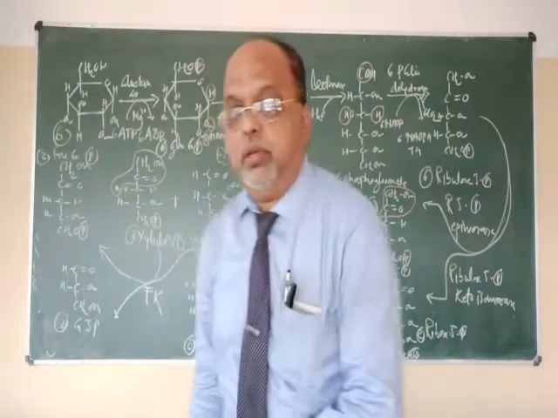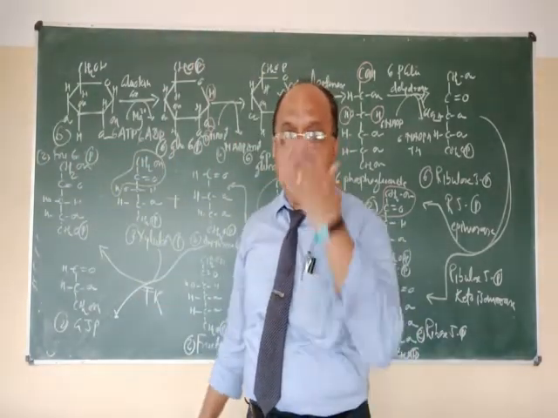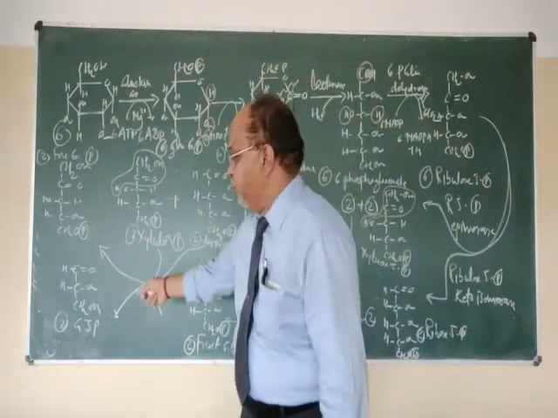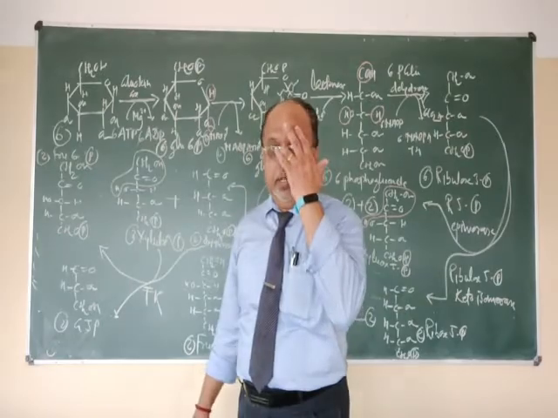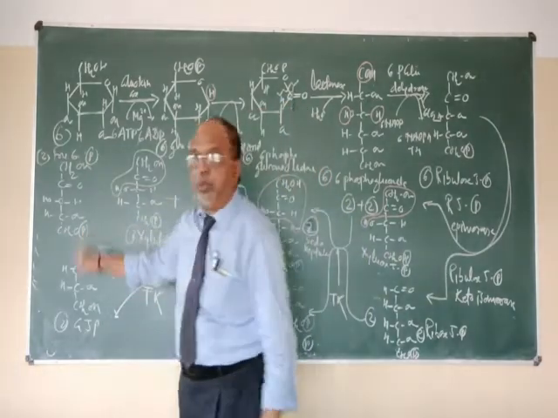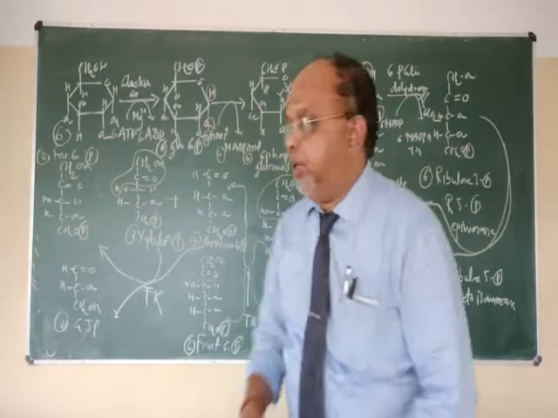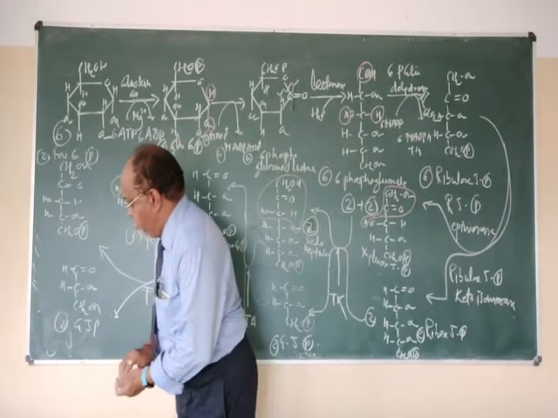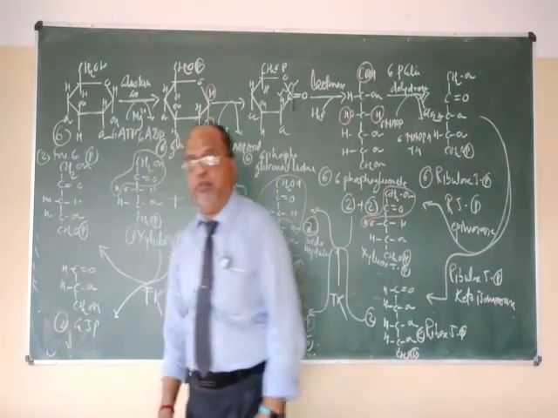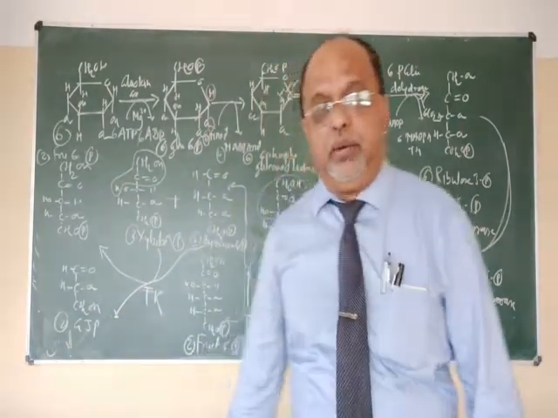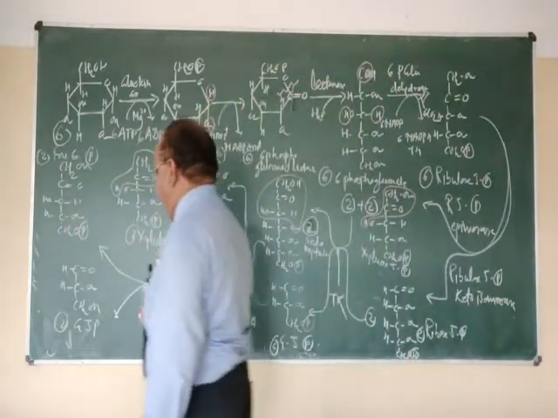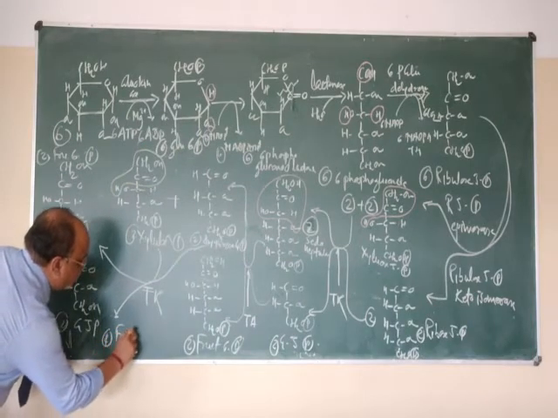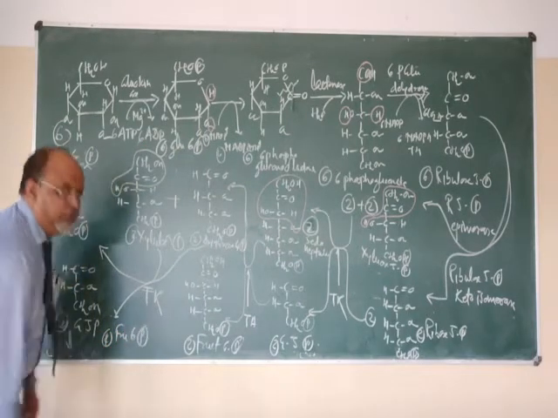Now all of these are familiar structures of the Embden-Meyerhof pathway. G3P means glyceraldehyde 3-phosphate. These 2 molecules of G3P, through the reverse of glycolysis, are again converted into 1 molecule of fructose 6-phosphate.